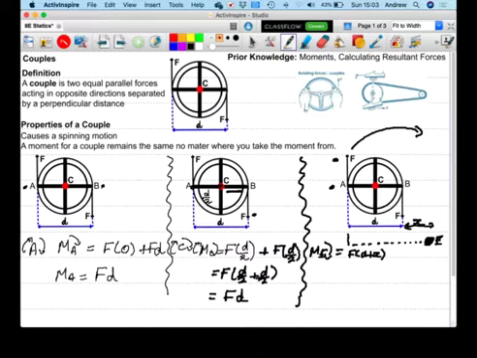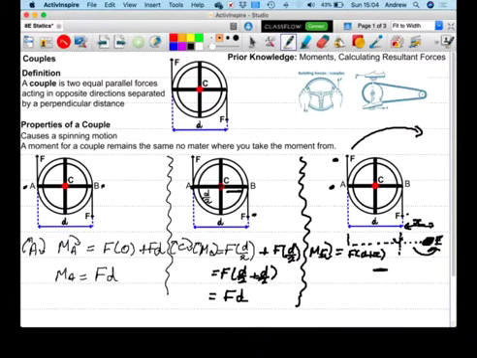Now, here's the second force, and when I extend its line of action down here, you can see it's going to send it spinning in the anti-clockwise direction. If that's the pivot point and the line of action of the force is this way, it's going to cause it to go in a negative direction.